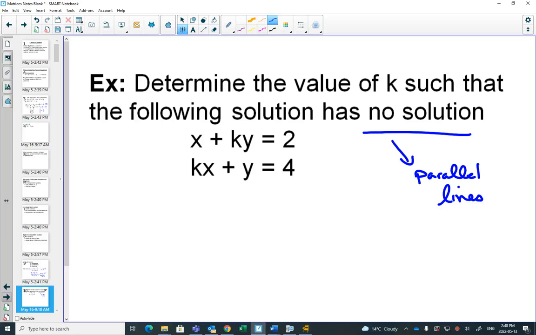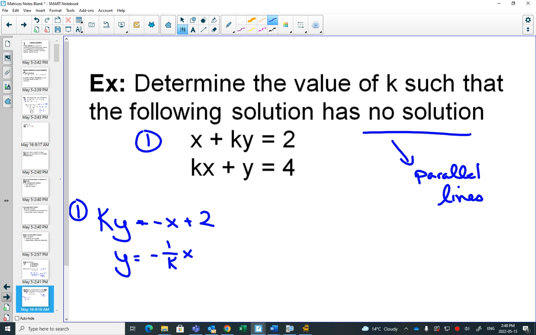So if I look at equation 1 and I rearrange that, can you see in equation 1 you would have ky equals negative x plus 2, and dividing everything by k, I get, and I'm rearranging it in this form, y equals mx plus b, so now I can tell that the slope of this line is negative 1 over k.